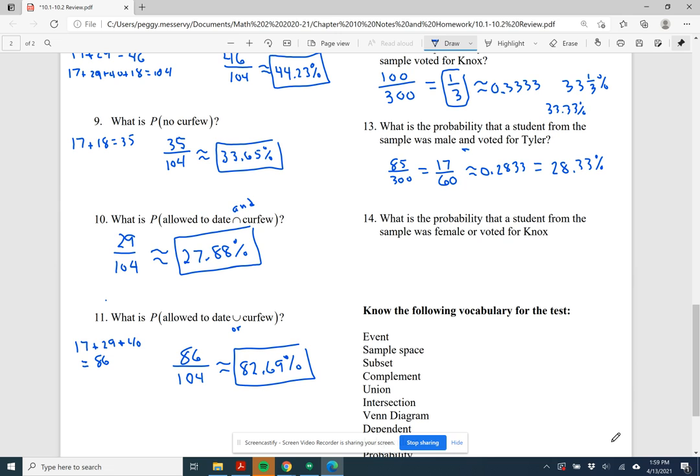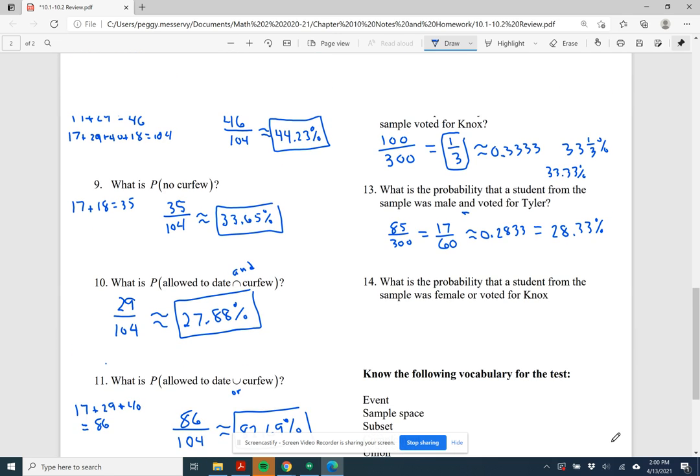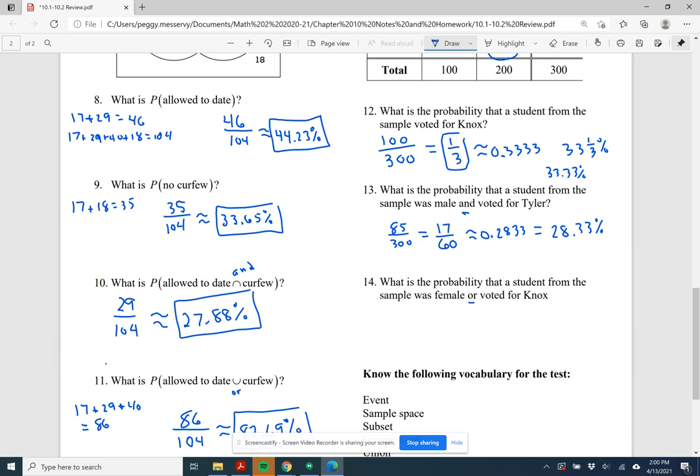What is the probability that a student from the sample was female or voted for Knox? Okay, I'm going to remind you that we could do it this way. Probability that they're female plus the probability that they voted for Knox minus the probability of both. Okay, probability that they're female.